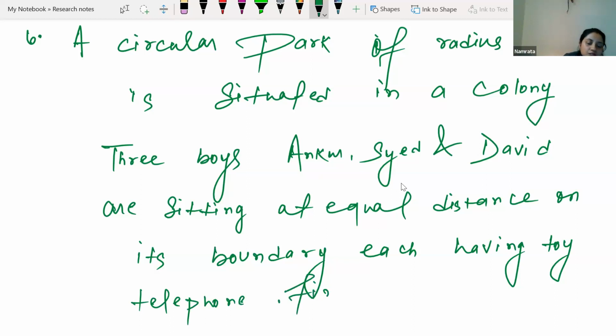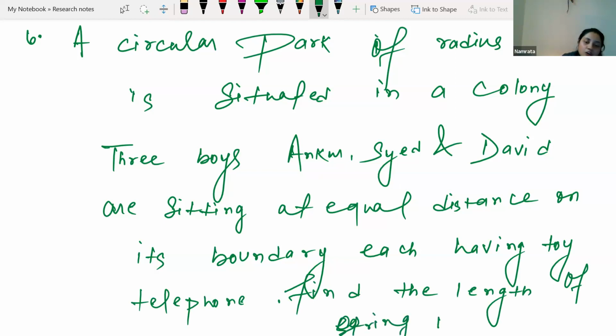Find the length of the string of each phone.